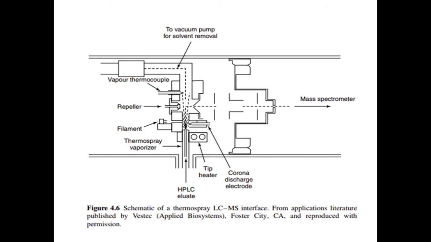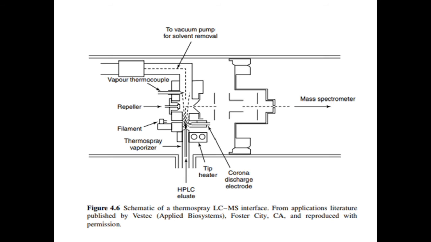The discharge electrode, which may also provide more stable conditions when the mobile phase contains a very high proportion of water, provides the electrons required to generate the reactive species by means of continuous gas discharge.